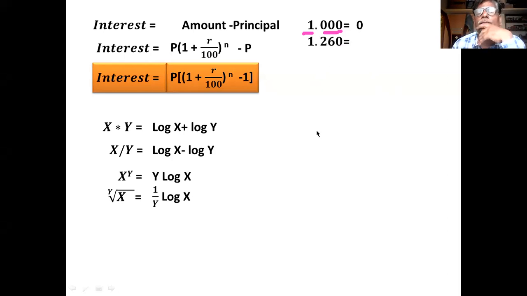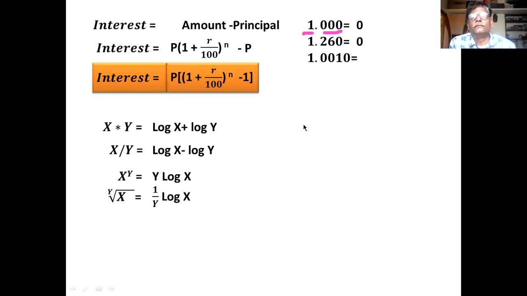Then come to the next. What is the characteristic of the second number? 1.260. How many digits are there before the decimal point? One. Then the characteristic is 0.